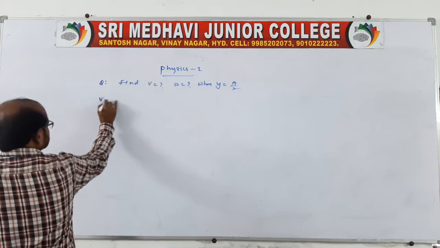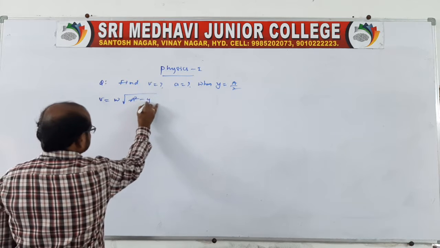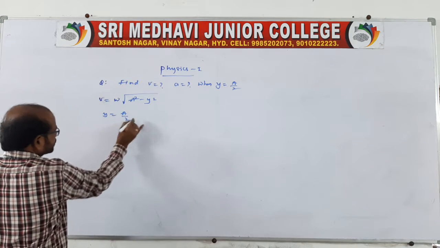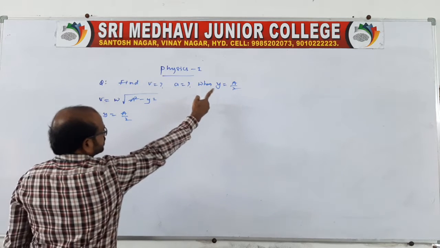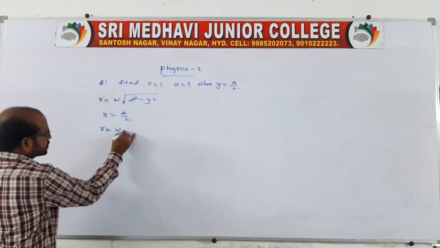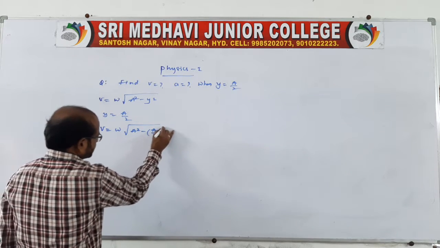So here v is equal to omega root over A square minus y square, we know. Take y is equal to A by 2. So omega into root over A square minus A by 2 whole square.